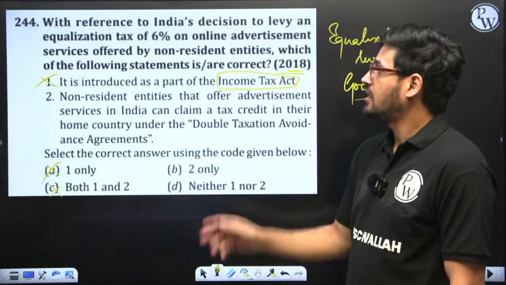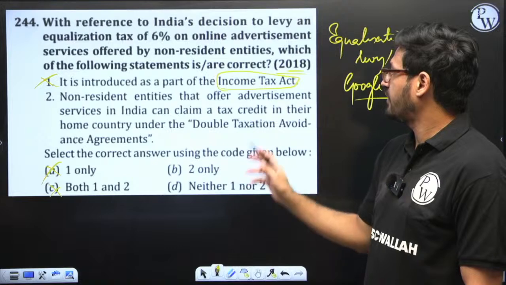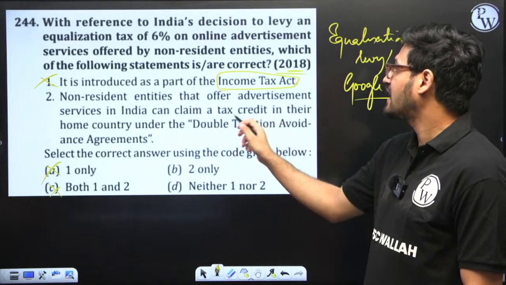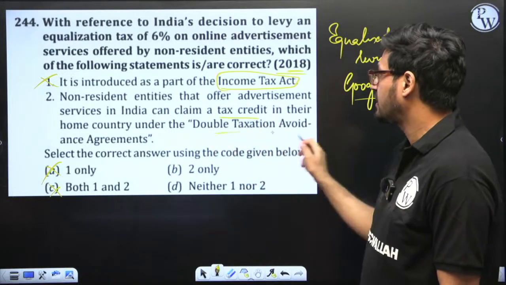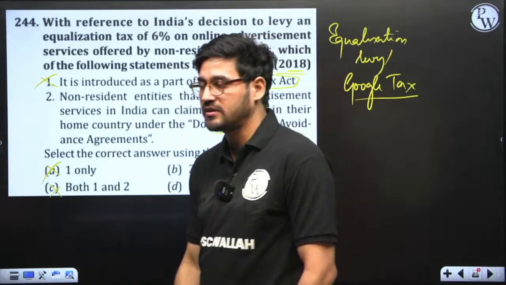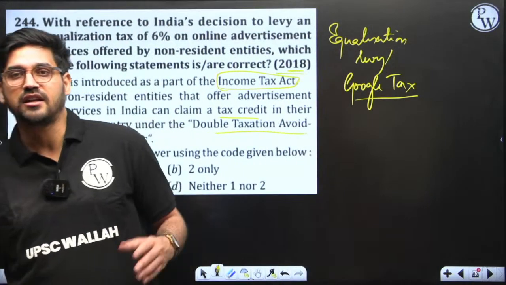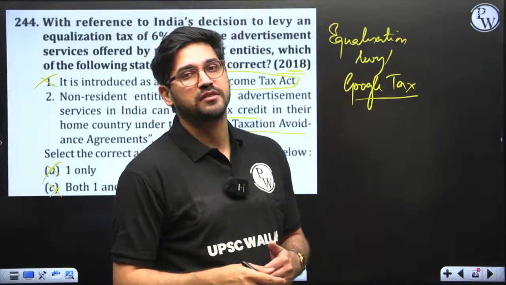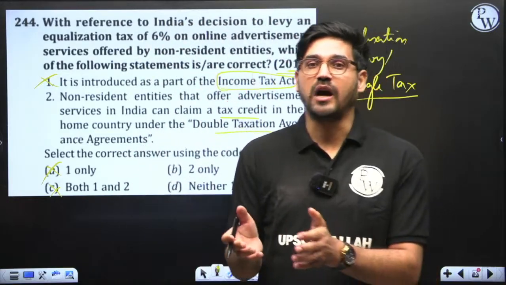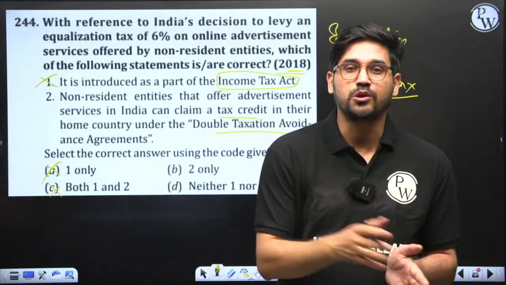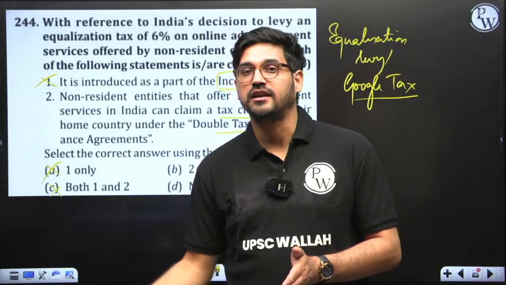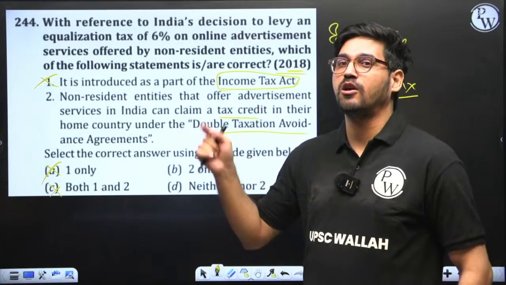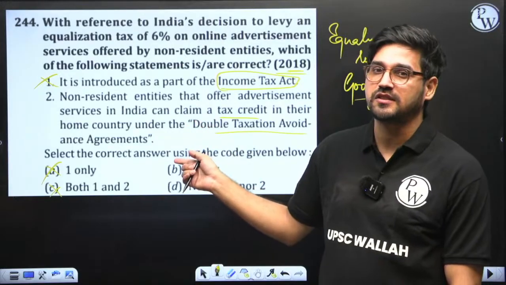Second one says non-resident entities that offer advertisement services in India can claim a tax credit in their home country under the DTAs, Double Taxation Avoidance Agreements. Now, many countries enter into double taxation avoidance agreements. That means if you have been taxed once already, you should not be taxed again, right? The core concern around equalization levy is essentially this.